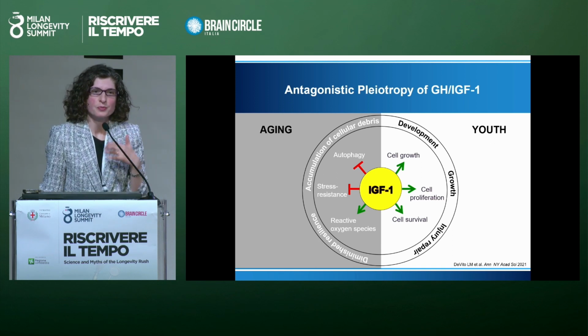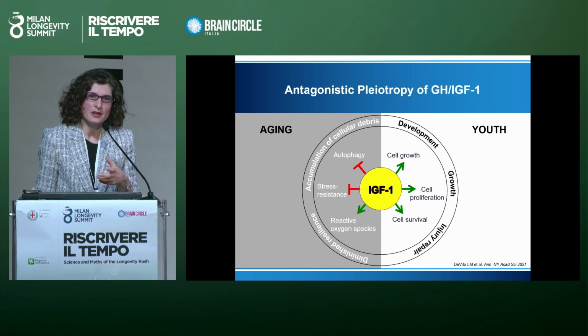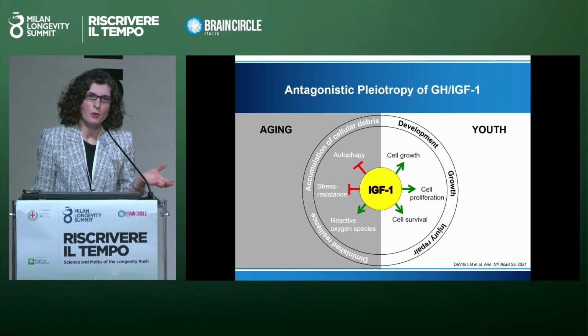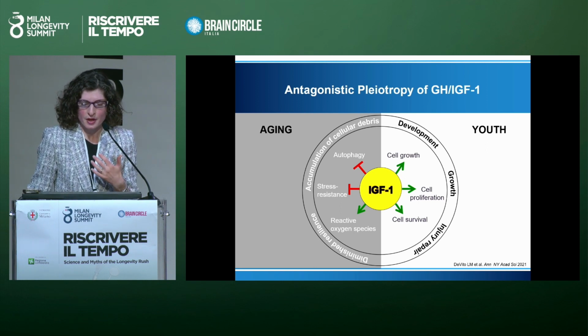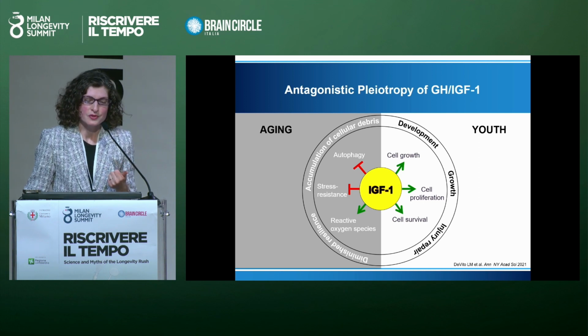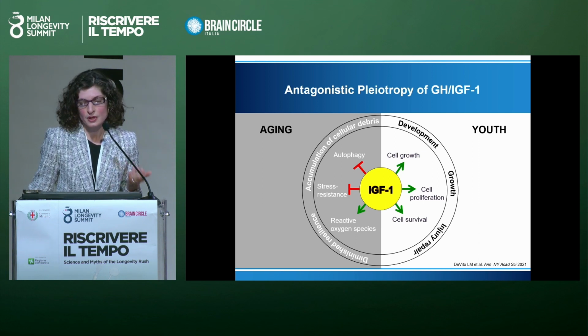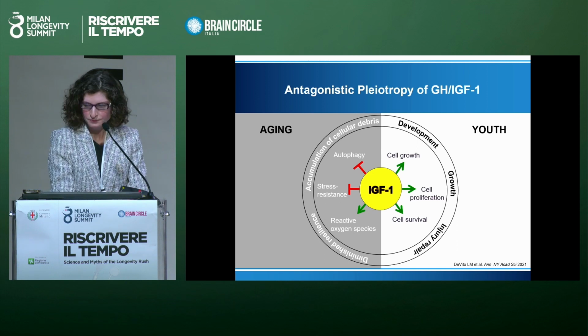It eats the debris, the toxic proteins that accumulate in the cell and don't allow it to function well. So we want to maintain those processes. We want to eliminate those harmful proteins. So we want to shift energy away from growth and towards repair. Because in aging, we have diminished resilience and accumulation of cellular debris.